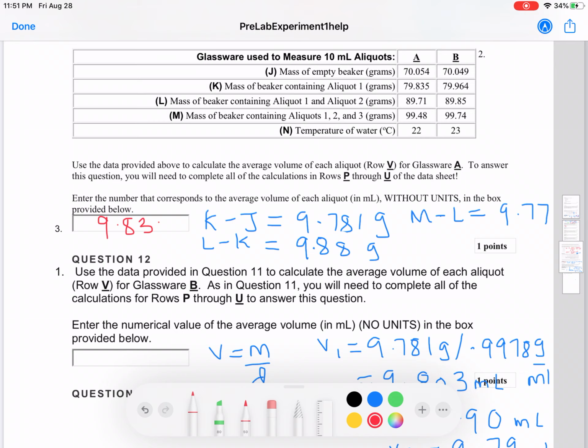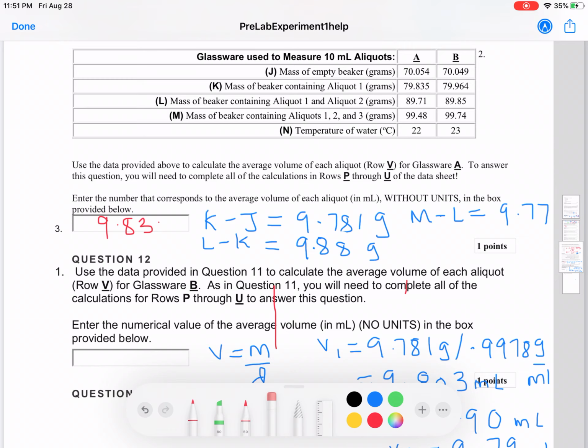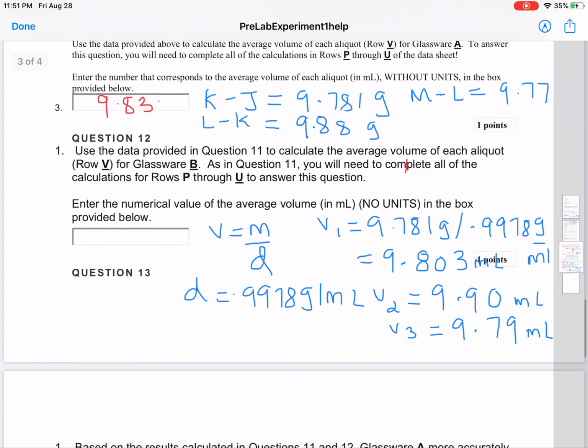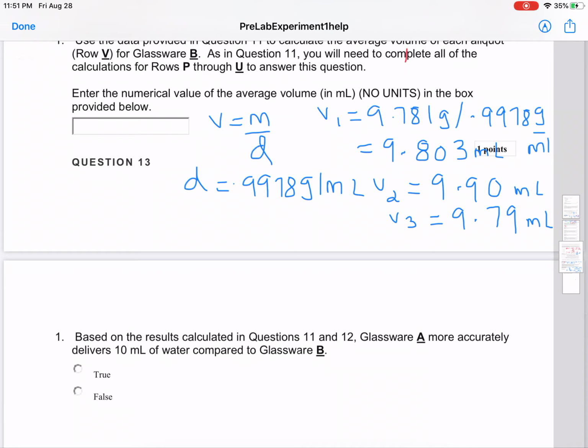And then question 12: use the data provided in question 11 to calculate the average volume of each aliquot, row V, for glassware B. So far we did glassware A, so you do the same thing for glassware B. You can do that on your own, since I showed you how to do column A. And then based on the results, whichever of A and B is closer to 10 is the one that most accurately delivers 10 milliliters of water.